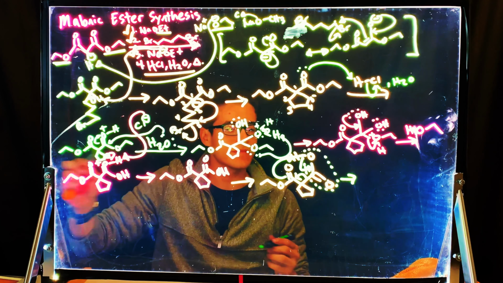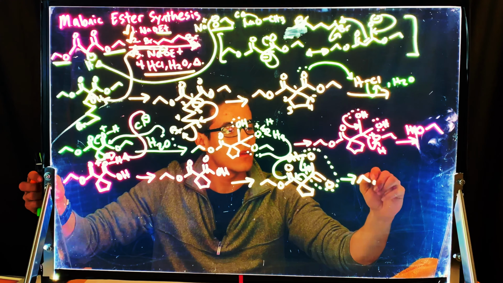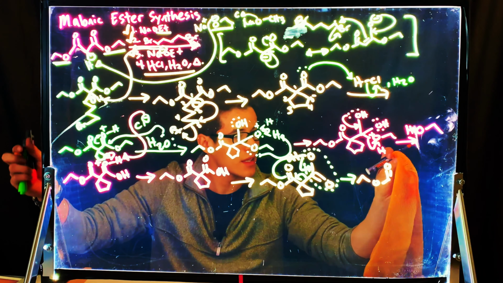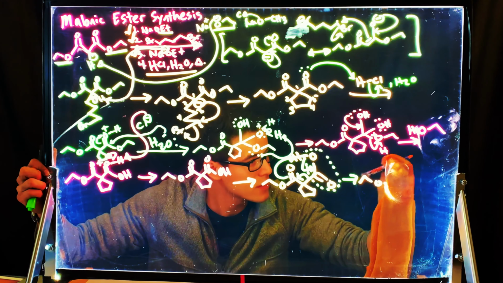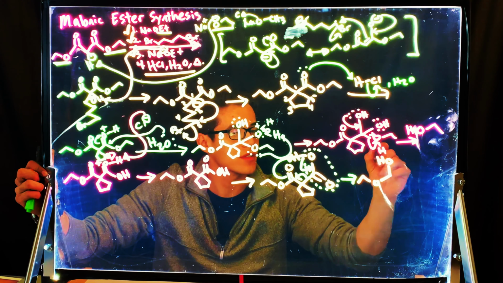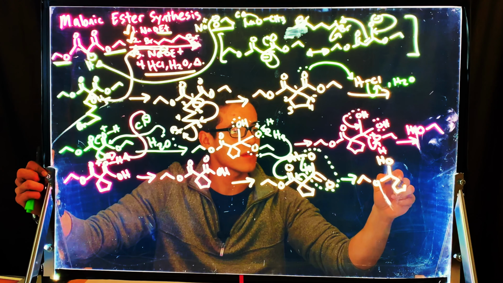So let's see what we get. This side hasn't changed. This side, this carbonyl is no longer a carbonyl. Now we have single bonded OH. Coming off of here, we still have our ring.